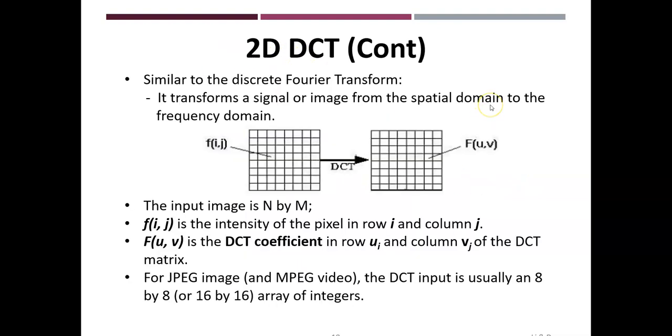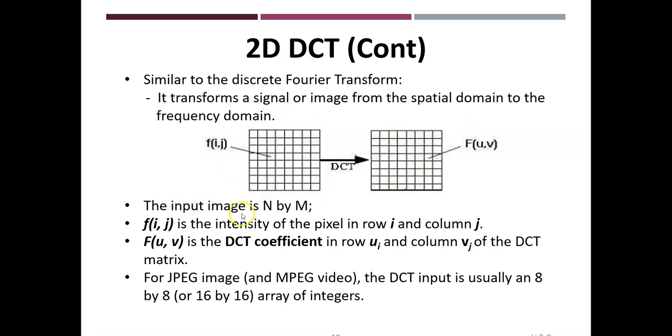Okay, so now move on to the two-dimensional DCT. Quite similar to the discrete Fourier transform, the 2D DCT transforms a signal or image from the spatial domain to the frequency domain.